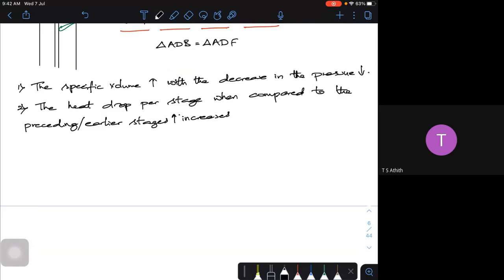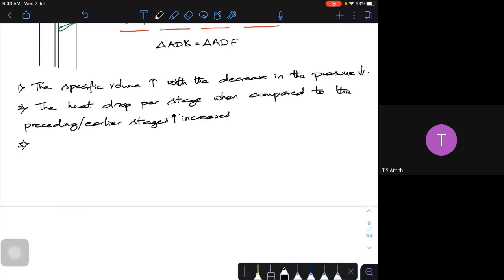Third one. See, I told that blade speed ratio. See, your speed may be same, your blade speed may be same, but the blade speed ratio used to change. But here the blade speed ratio has to remain constant. Okay.